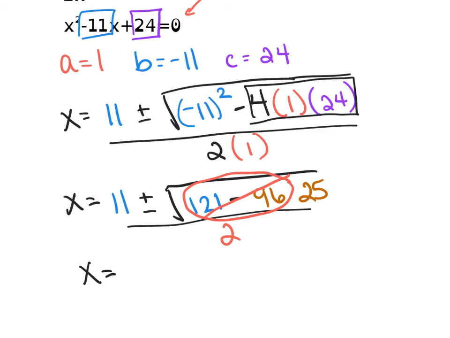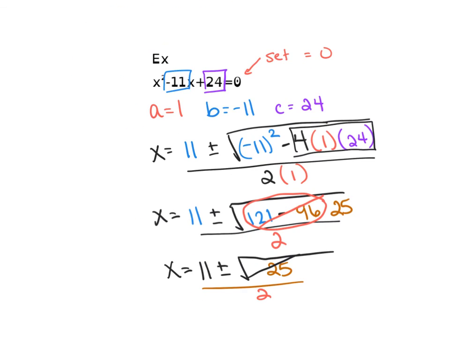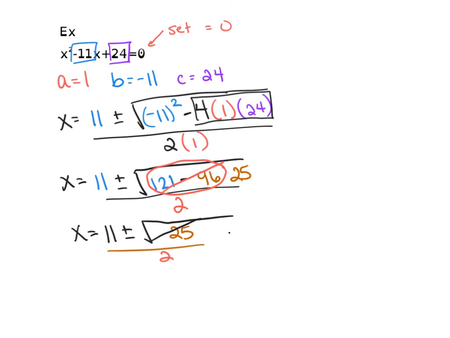I have x is equal to 11 plus or minus the square root of 25 on the inside, divided by 2. And I know that the square root of 25 is just the number 5. So what I really have, x is equal to 11 plus or minus 5 divided by 2.